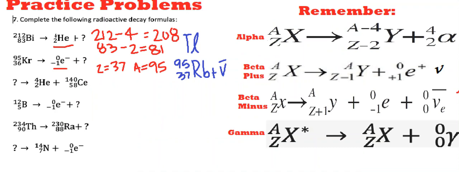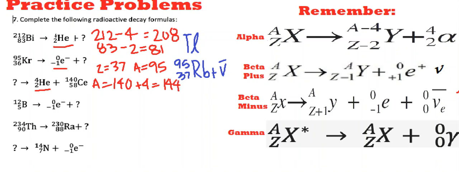For the third problem, we know that it is an alpha decay because there is an alpha particle present. So unlike the first problem, we must do A equals 140 plus 4, which equals 144.